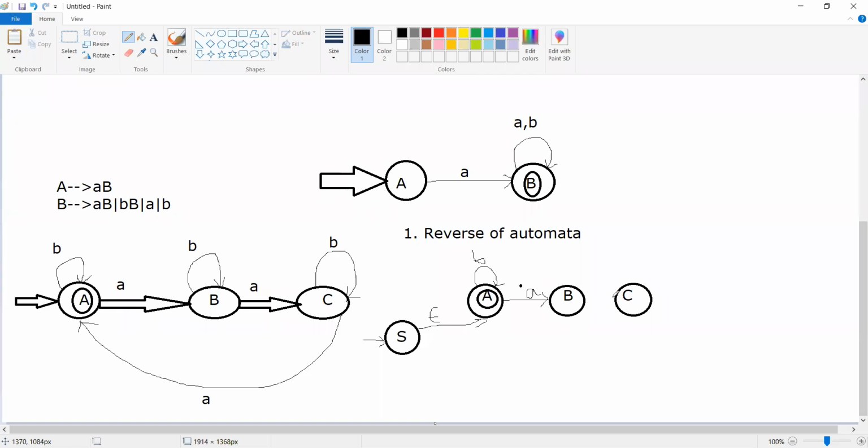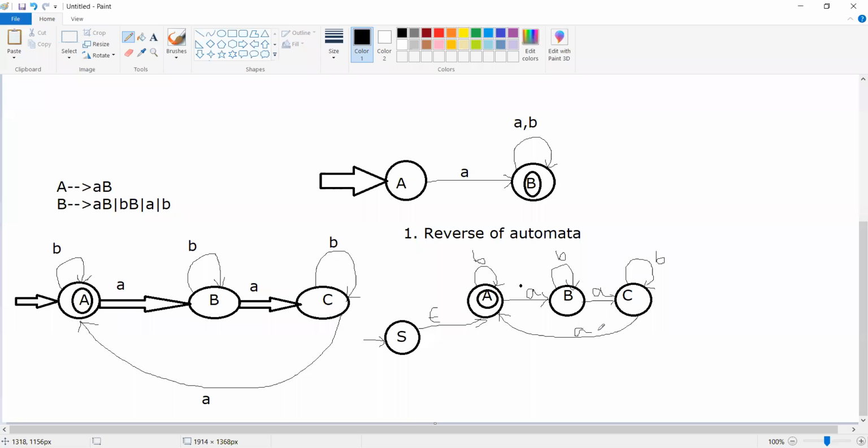I'm writing the transitions as they are: B to B there is a transition on input symbol b, B to C there is a transition on input symbol a, and here we have a transition on b, and here we have a transition on e. So this is the automata which we got.